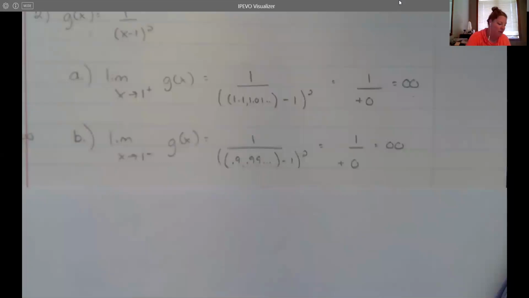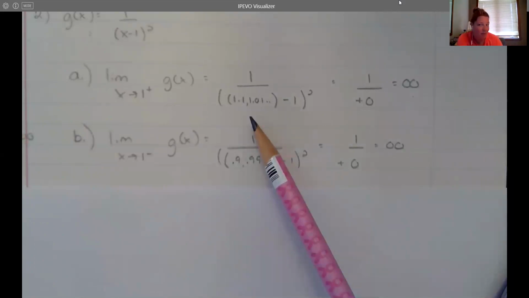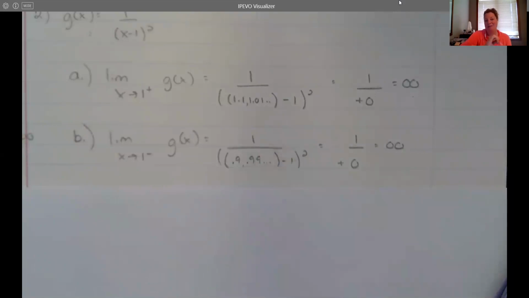I'm going to be putting in 0.9, 0.99. Both of these were going towards 1. I didn't mean to do that. But if you're going towards 2, then it would have been 1.9, 1.99. If this one up here were going towards 2, it would have been 2.1, 2.01. Hopefully that makes sense, that you could do that with different numbers too.